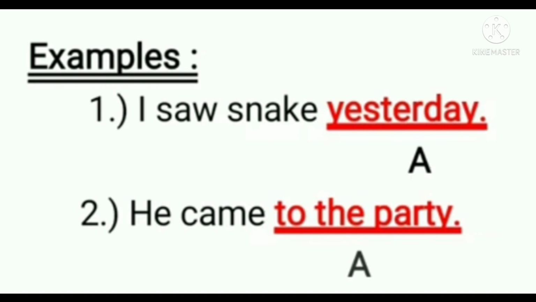Look at the next sentence. He came to the party. To the party is the adjunct here. So he came where? He came to the party. So even if the phrase to the party is removed, the sentence gives a complete meaning. So to the party is the adjunct.